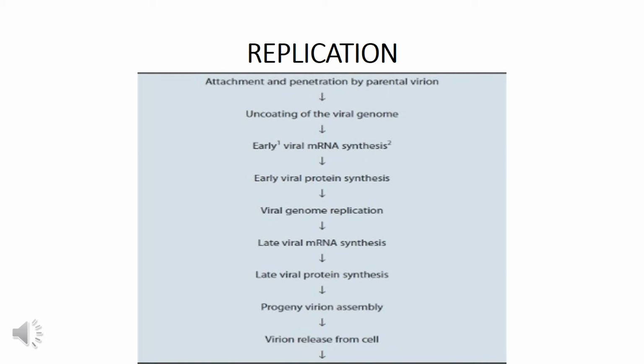So after uncoating of the viral genome, viral mRNA synthesis occurs, and the mRNA forms many proteins. Viral proteins, which are actually the initial proteins, are enzymes. So many enzymes are formed from the mRNA of the virus.